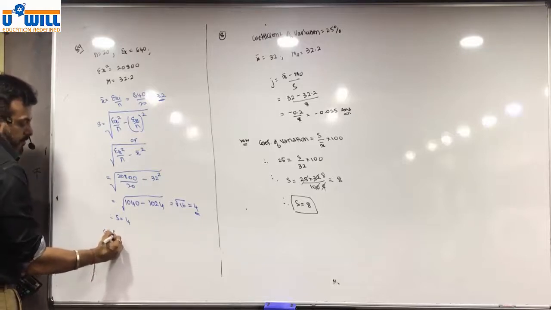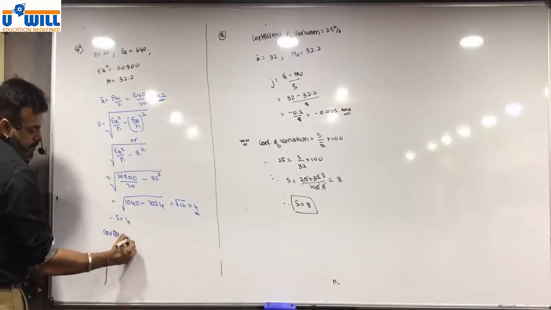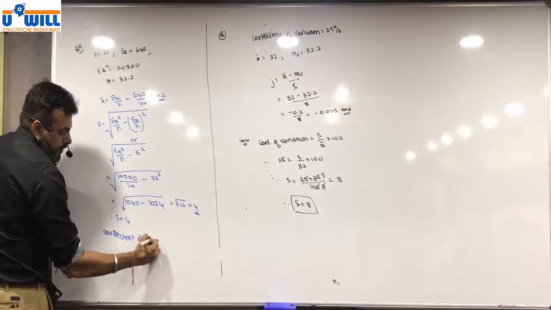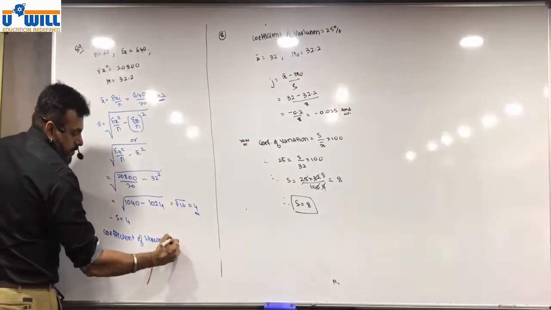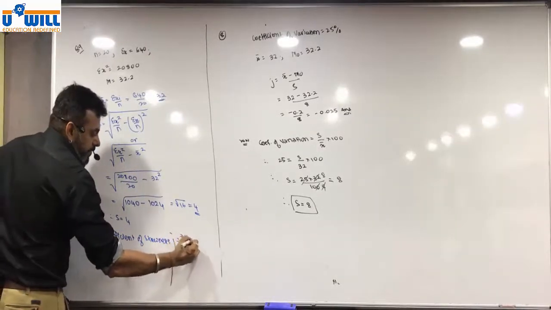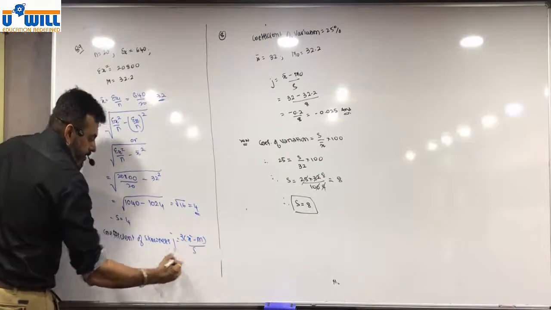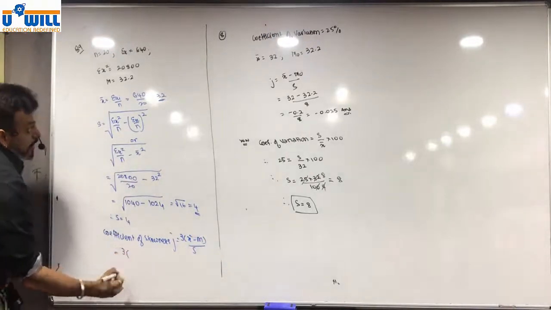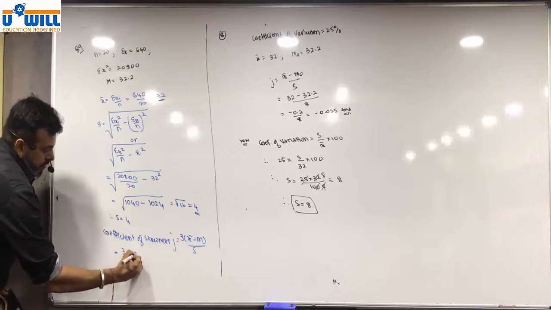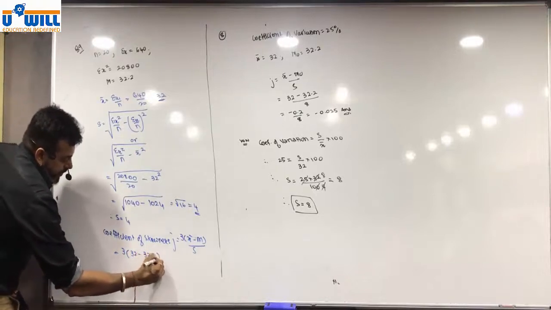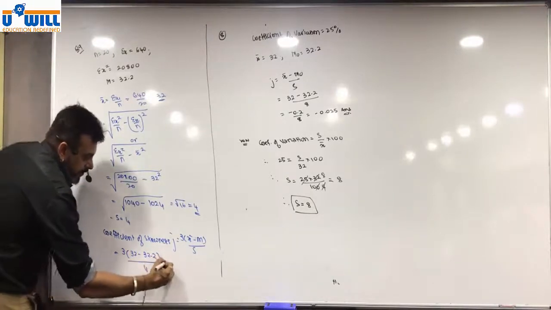So, coefficient of skewness J is equal to 3 x bar minus median upon S. 3 x bar is 32 minus 32.2 upon standard deviation is 4.